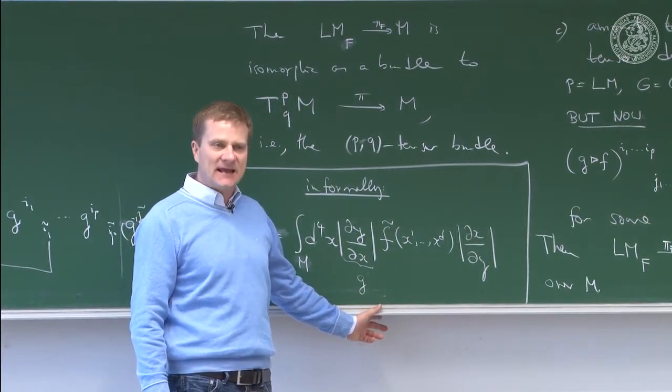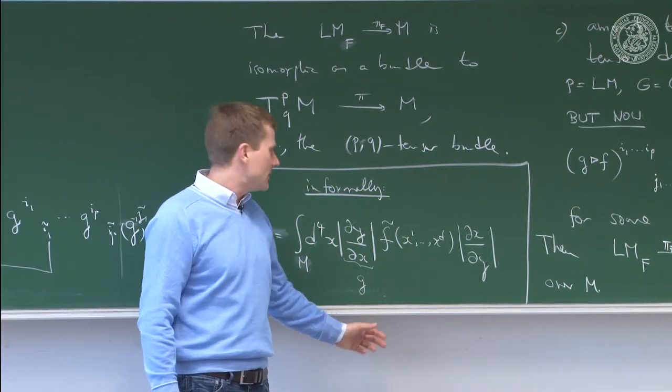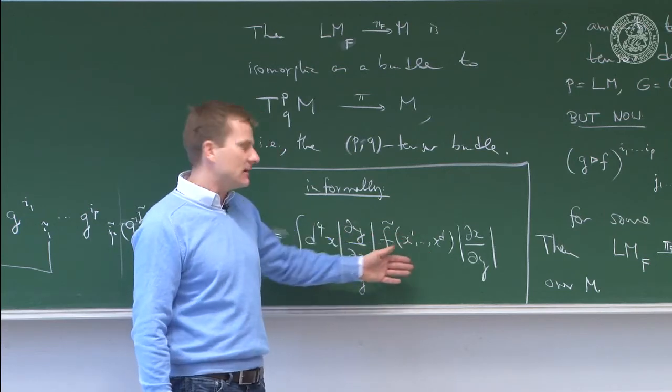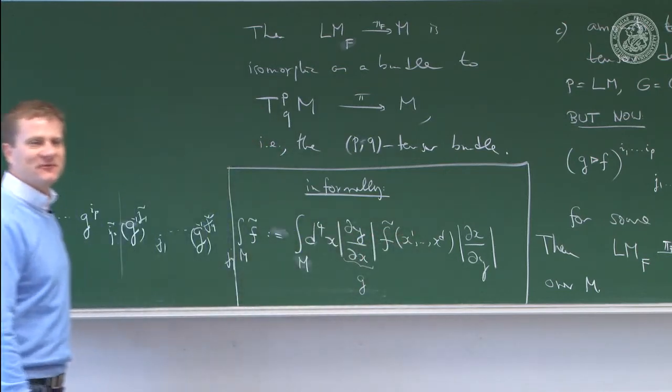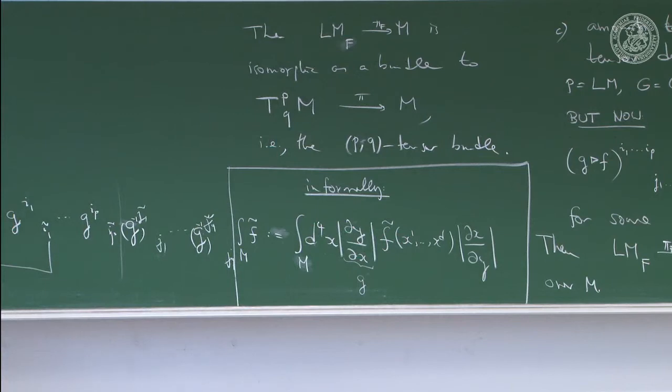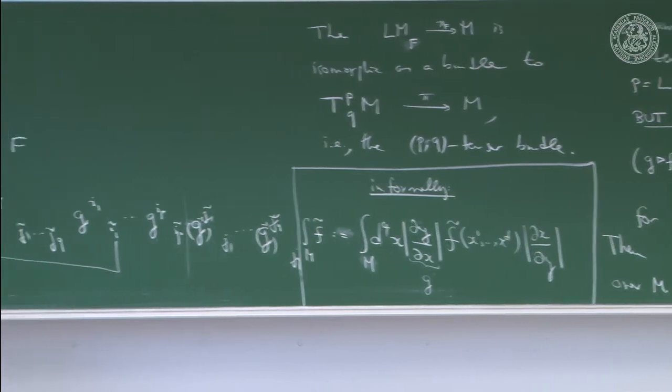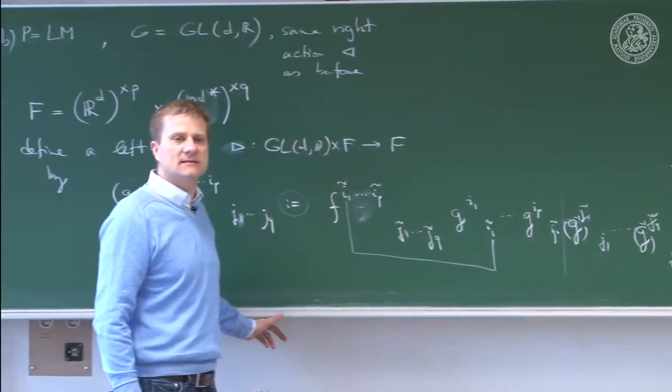Okay, it's not a scalar, it's a density, because you integrate over it, so you've got to be careful there. So this appears everywhere where you integrate over a manifold, push it to a chart, but in order to have something well defined, you need to understand densities.